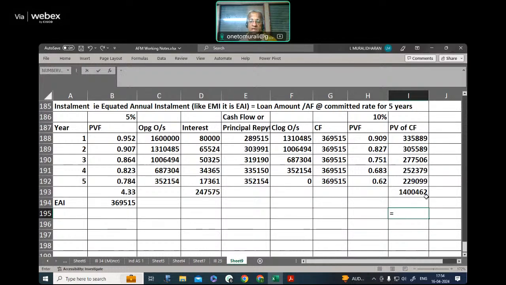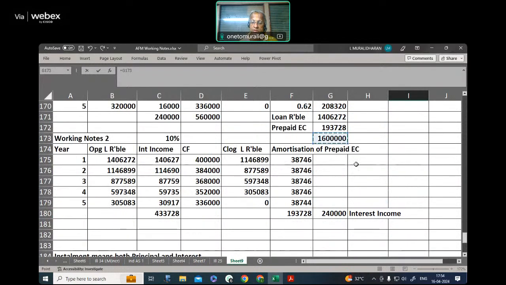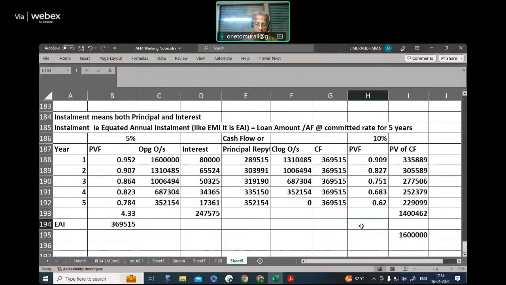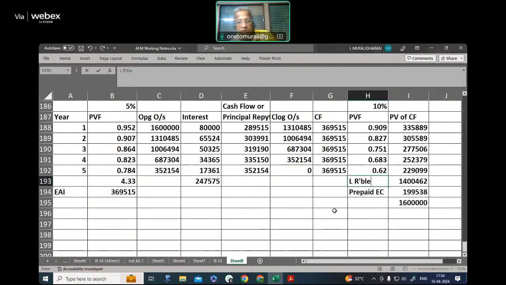This number is 16 lakhs. Then prepaid employees cost is the difference between the two. Correct? This is loans receivable. Correct?